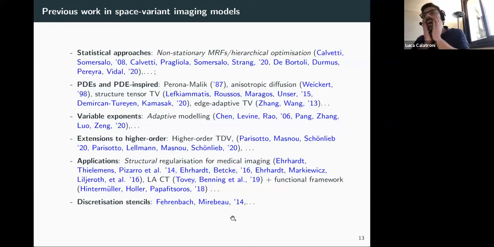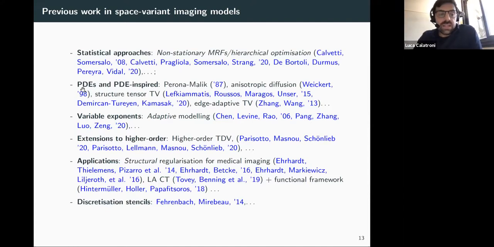Okay, so as I said, the use of space variant models in imaging is not new, but while preparing this work, we realized that it has been called differently by different communities. For instance, in the statistical community, these ideas are really related to non-stationary Markov random fields, and you will see in the following also to hierarchical optimization approaches.